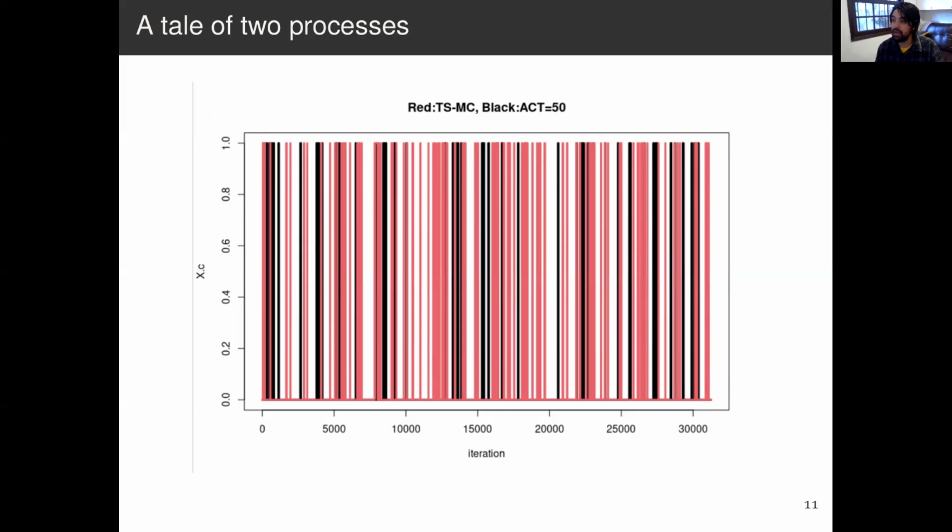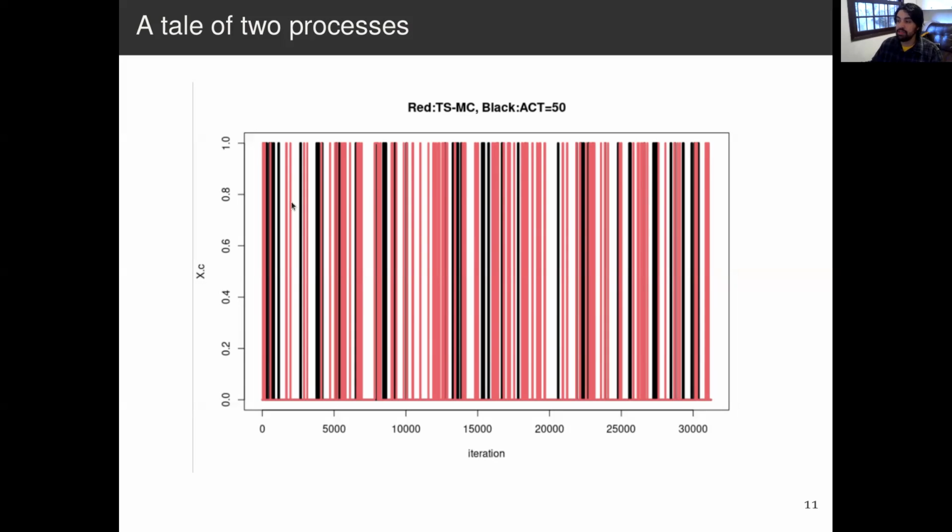method not working? Well, it's not working because if you look at two binary processes, one of which is a Markov chain, another of which is their simulation, both of them have autocorrelation time 50. This is what you see. So red here is the Markov chain, and black is their process.